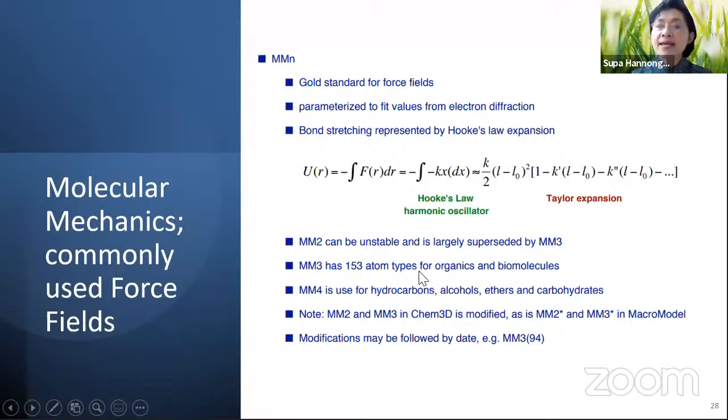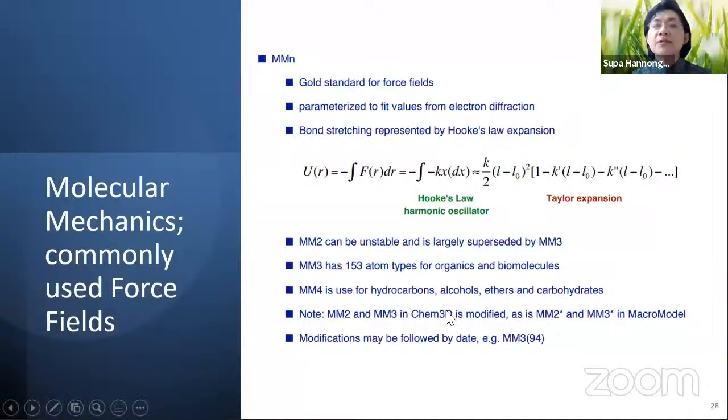Okay, quite nice, very good. And later, MM4 was developed following MM3, for use with hydrocarbons, alcohols, ethers, and carbohydrates. It is important to note that MM2 and MM3 are the force fields in Chem3D.